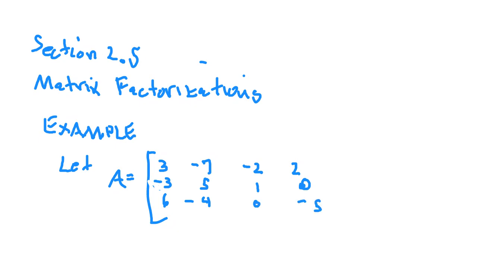And the fourth row is going to be -9, 5, -5, and 12.